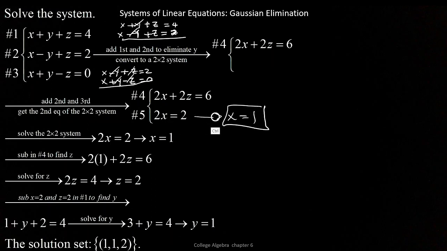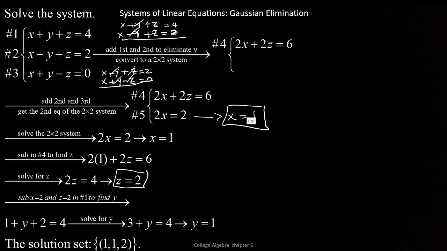So we find x and z. If x is 1, we can substitute back in equation number 4 and find z, which is 2. So x is 1, z is 2. Now we take these two to one of these equations, whichever is easier to work with, like the first one.